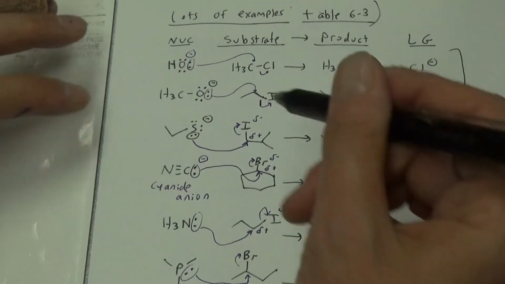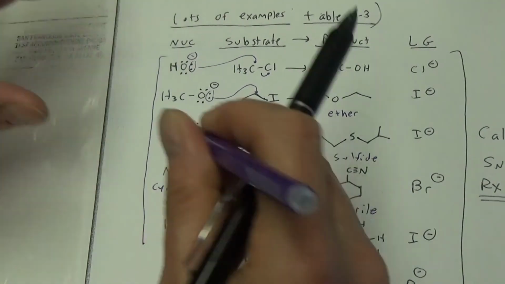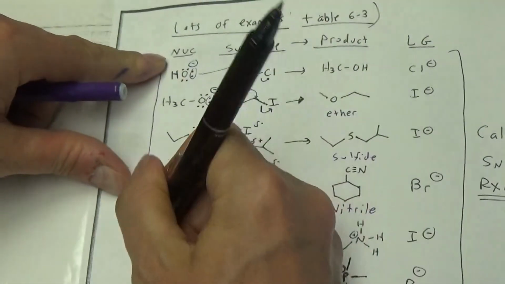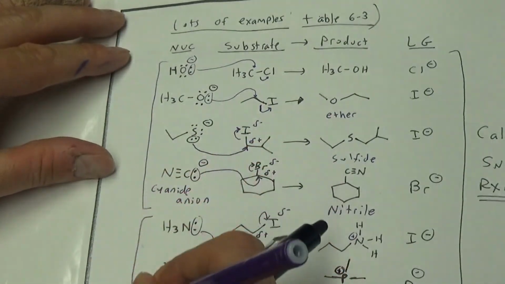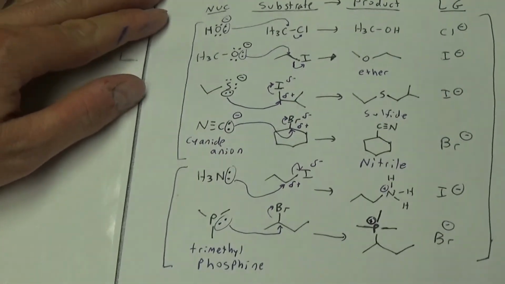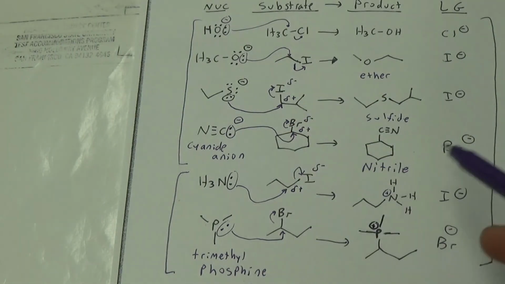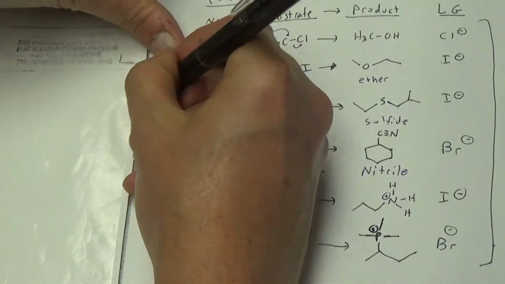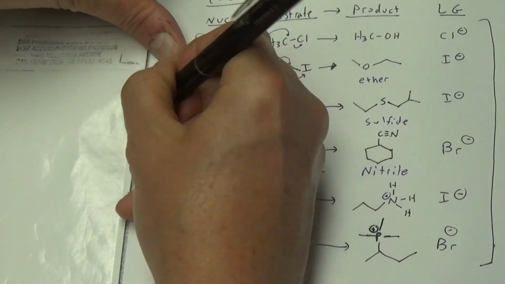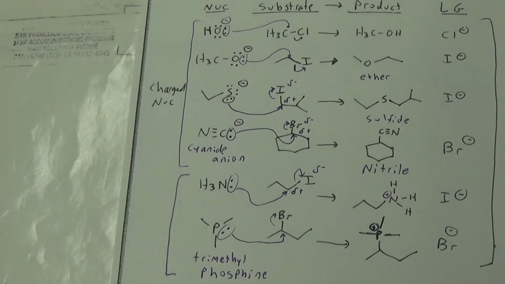The other interesting thing is that these ones, and these ones are slightly different. What's the difference between the top series and the bottom two? In the top series, you have a charged nuke. Charged nucleophile, right?